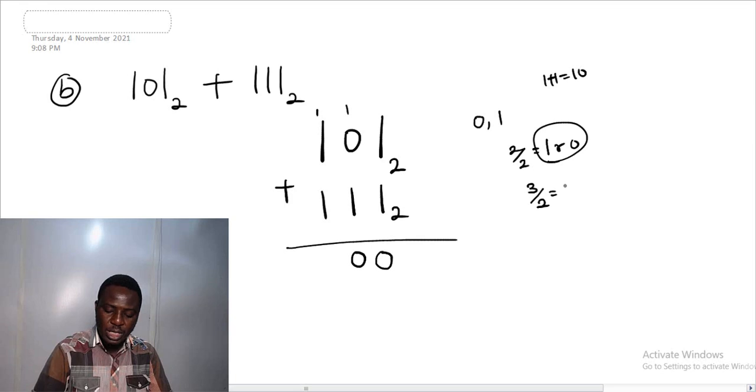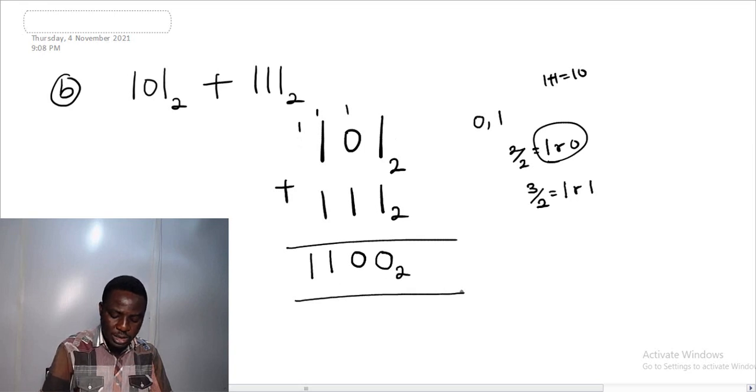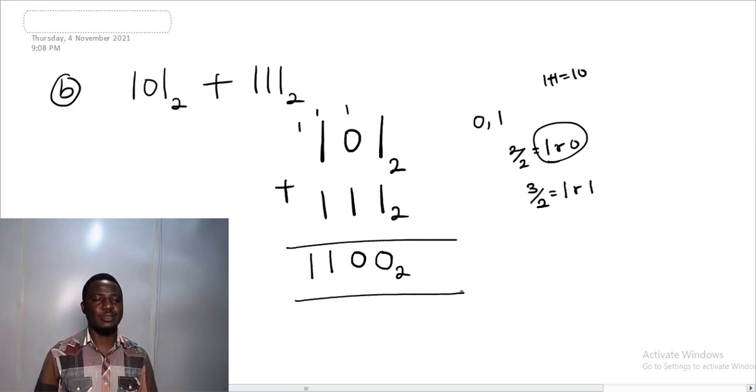So 3 divided by 2 is said to be 1, remainder 1. And I'm going to write down 1 and carry 1. 1 plus 0 is 1, and I'll bring down the 1. So 101 base 2 plus 111 base 2 is said to be 1100 in base 2.